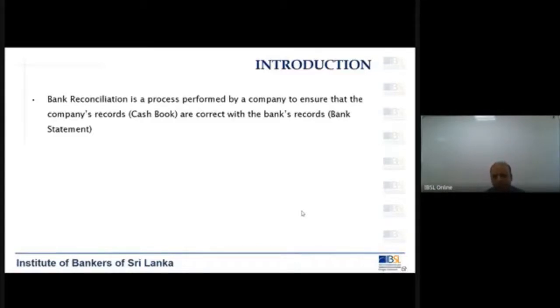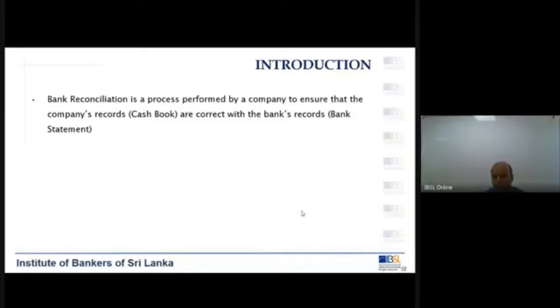So as a result, companies do bank reconciliations maybe once a month or maybe weekly. With the current advancements in technology, you can even do daily also. There is no harm, because you know the bank transactions from your online platform, or maybe through your mobile you can check your bank transactions. So you can go even to the extent of doing a reconciliation on a daily basis.